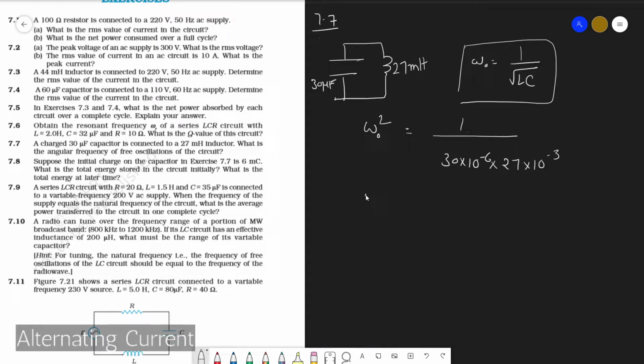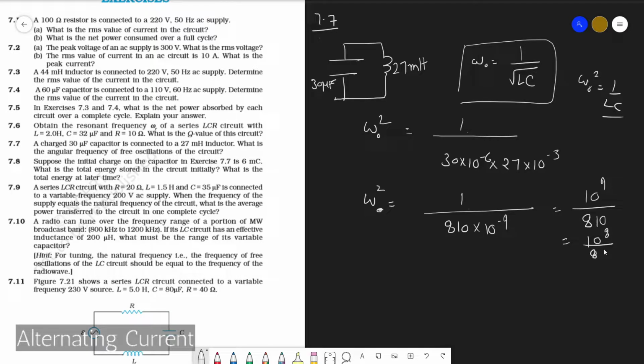I will just remove the root for now, so let us consider omega naught square equal to 1 by LC. I am solving this first so that you can easily find the root later on. If you multiply, it is nothing but 30 into 27 into 10 to the power minus 9, which is 810 into 10 to the power minus 9, so 10 to the power 9 upon 810, or you can write this as 10 to the power 8 by 81.